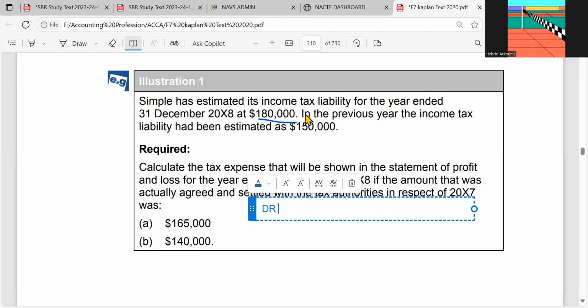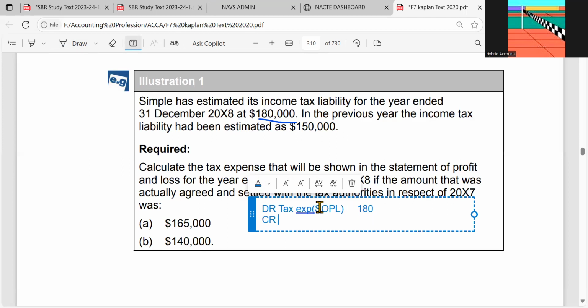So debit tax expense in the statement of profit or loss at 180, and credit current tax liability in the statement of financial position at 180 again. That's what I would have done.